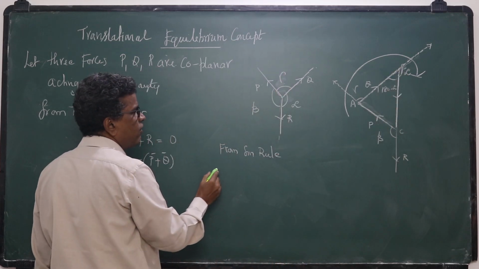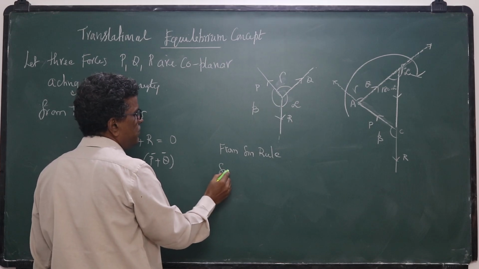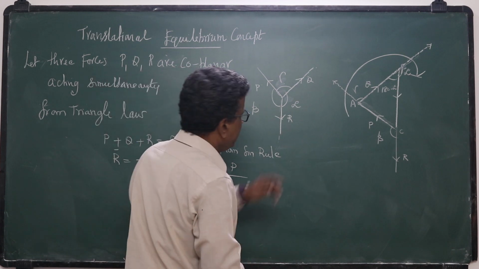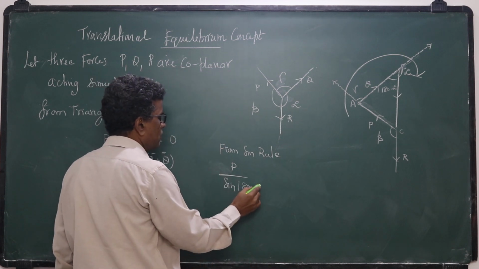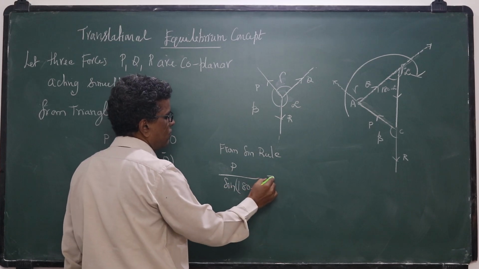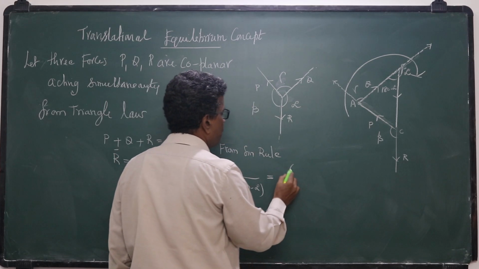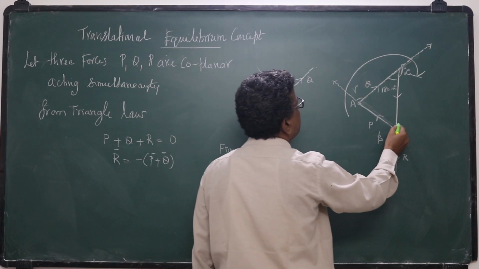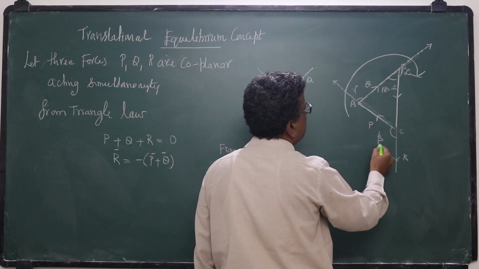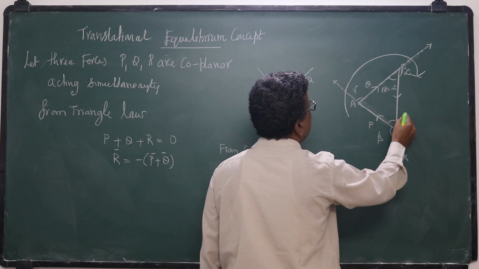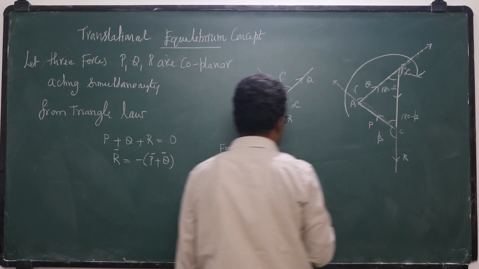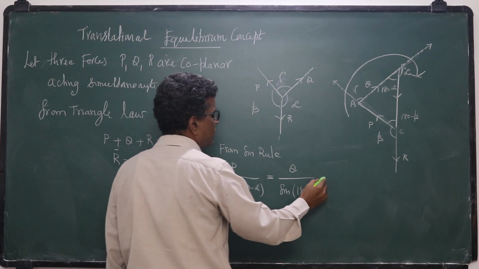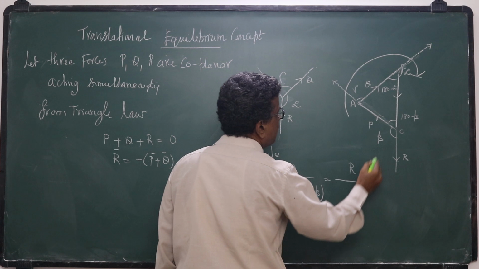So from the sine rule we have P by sine of 180 minus alpha, and Q by the opposite angle. This angle is beta, so then this angle becomes 180 minus beta. So here it is Q by sine of 180 minus beta, and R by the opposite one.